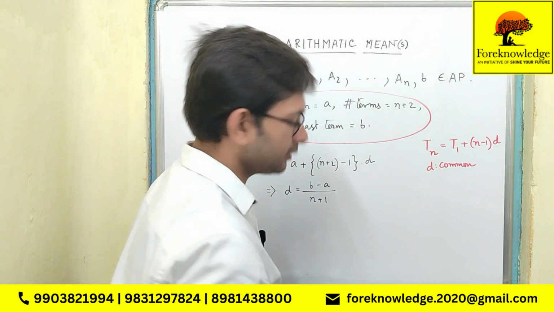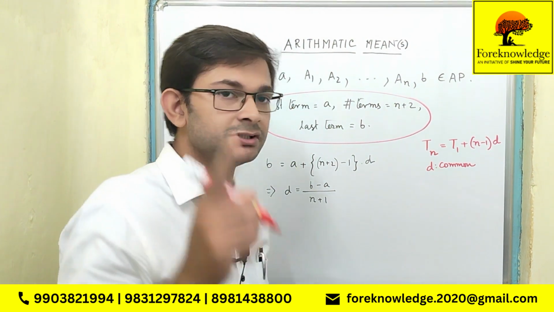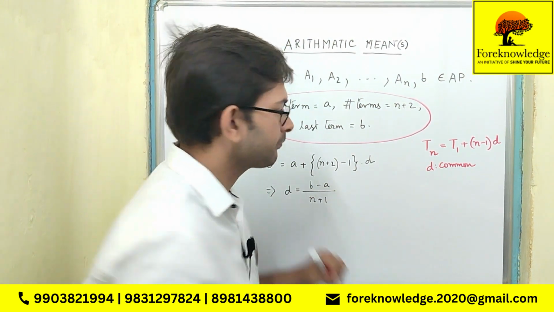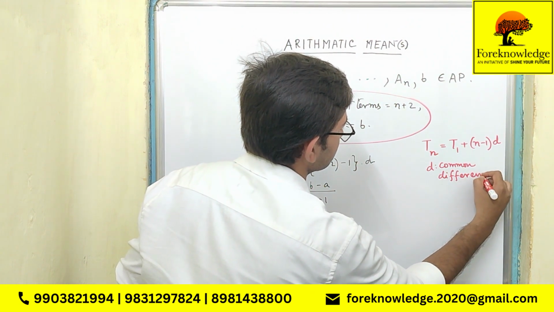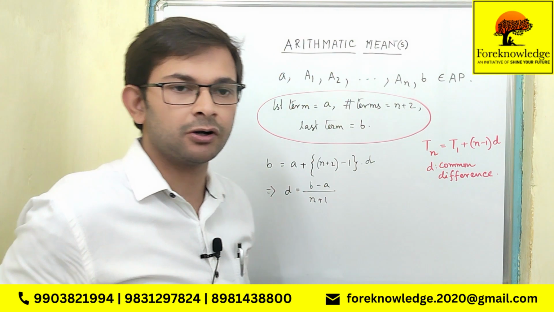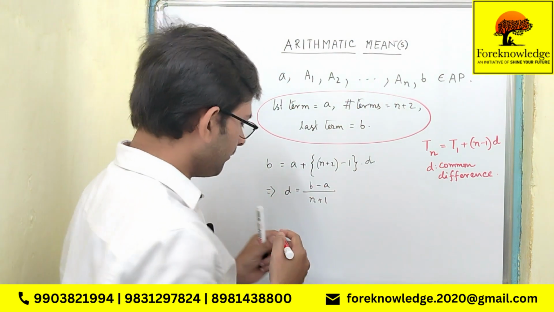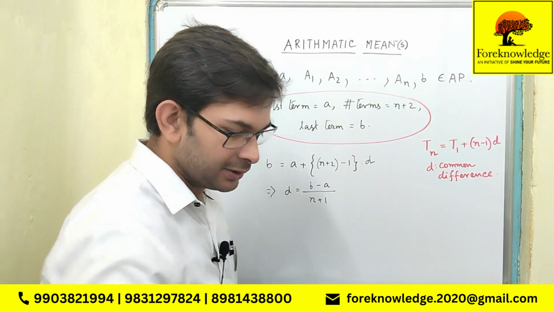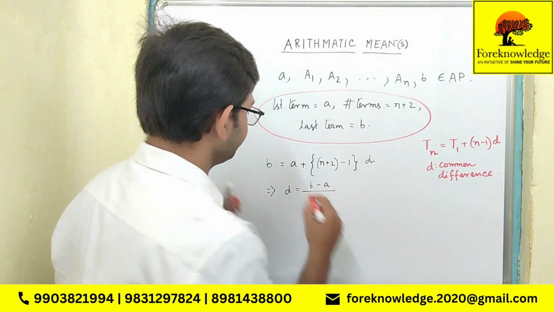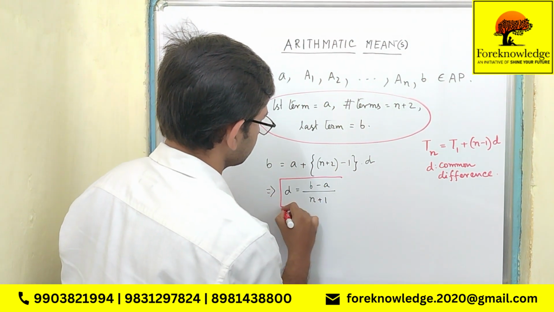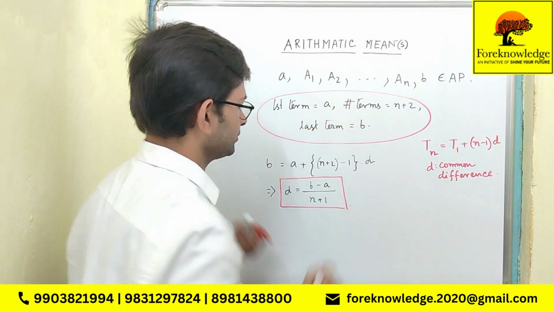This is nothing but the common difference, because common ratio is used in the case of GP. So the common difference D is B minus A by n plus 1.